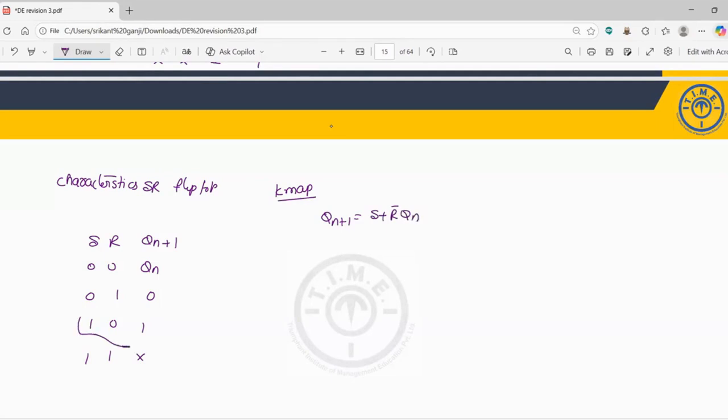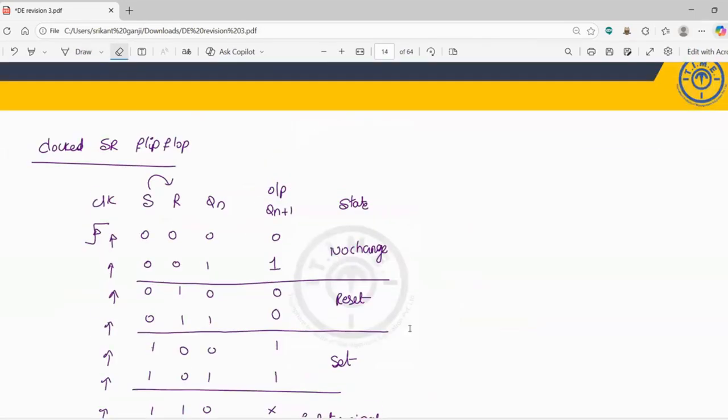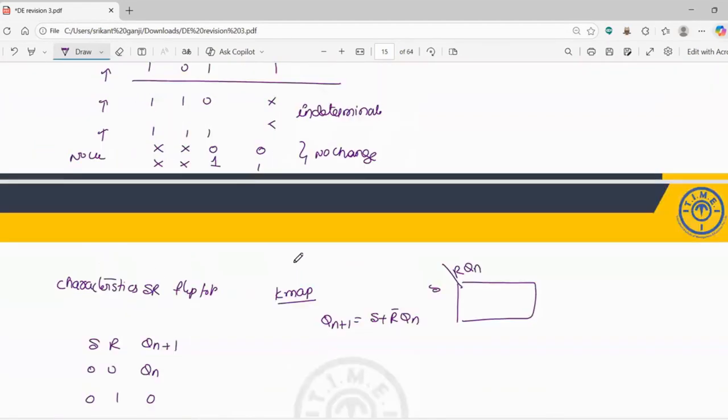In the K map, you will take one as S and another as R into Qn. If you want to get this equation from the table, you can apply S, R and Qn and find out Qn plus 1. From this you can develop the K map, and after that you get this equation.